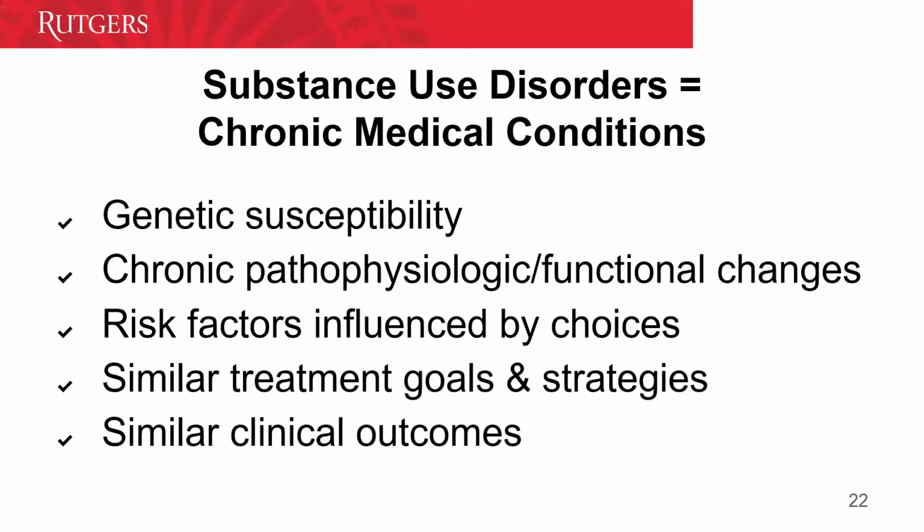And when we look at substance use disorders, we should look at them the same way we look at chronic medical conditions. As we can see, there are some key similarities between substance use disorders and other chronic conditions: genetic susceptibility, chronic pathophysiological functional changes, risk factors influenced by choices, similar treatment goals and strategies, and similar clinical outcomes.